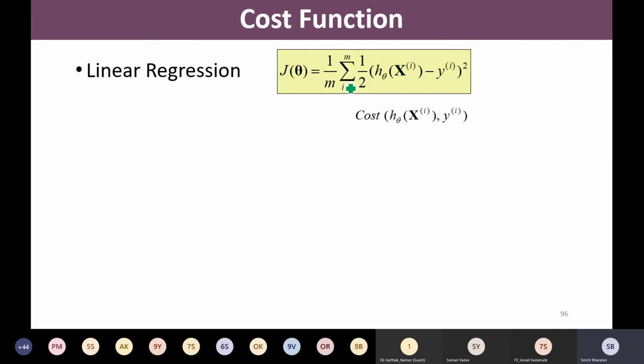For the sake of convenience, instead of writing 1 divided by 2m, this half is taken inside the summation. The meaning is the same. So in linear regression, we came up with this cost function J of theta.